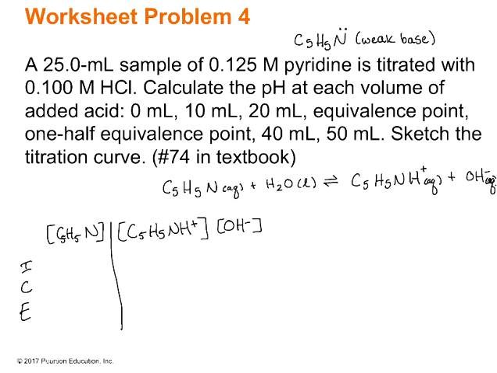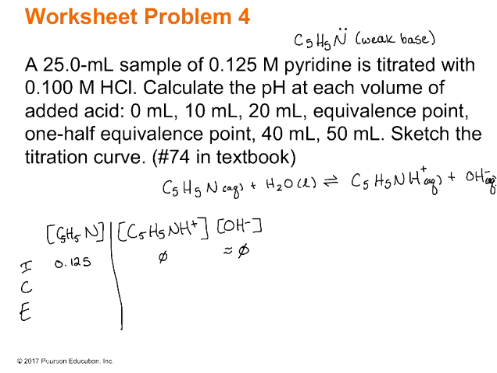All right, so we're told that initially the concentration of pyridine by itself is 0.125 moles per liter. And we don't have any of our products. Well, we have a negligible amount of hydroxide ions just from the auto-ionization of water. And then we need to determine the change.